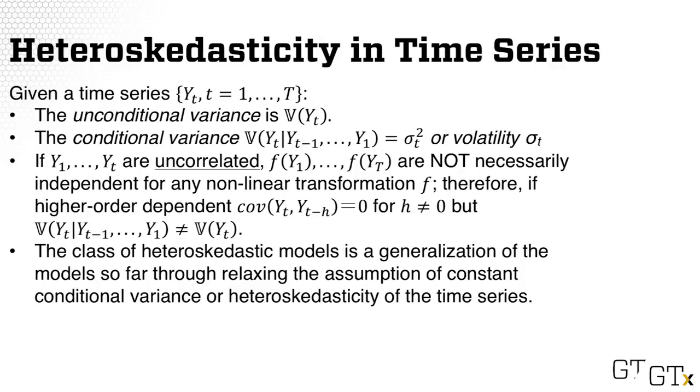However, it is possible to find a transformation f of the variables such that f of x1, f of x2, to f of xn are correlated. One common transformation is the power transformation, for example, the square power transformation. For this case, we do not necessarily have that the conditional variance is equal to the unconditional variance.